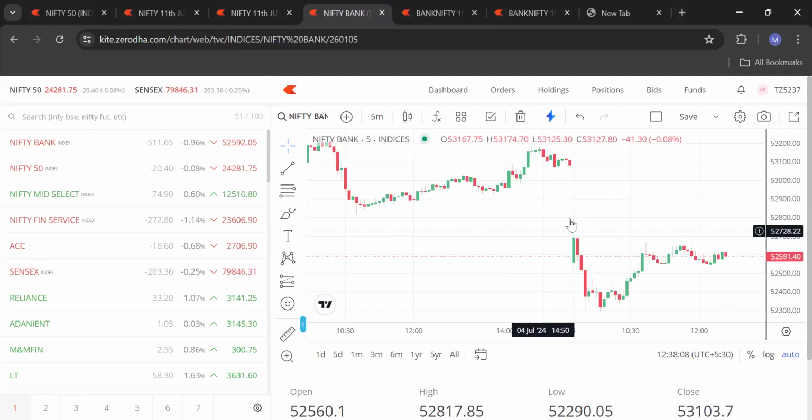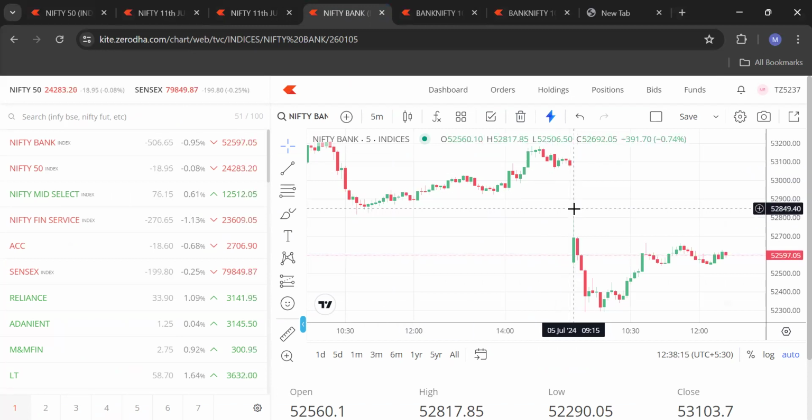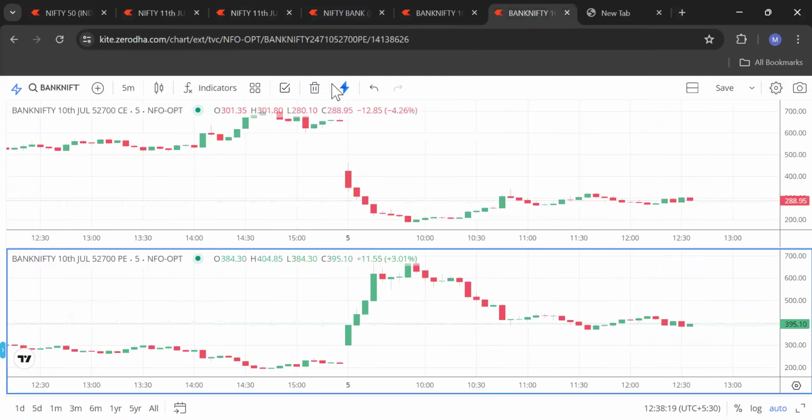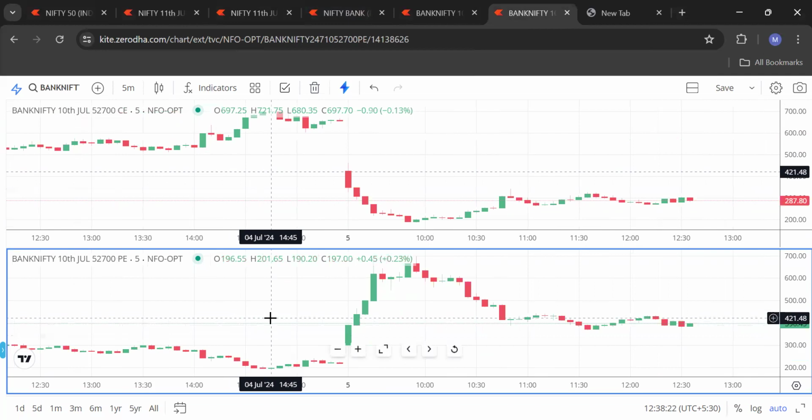Now let us see on Nifty. Okay, Nifty first, sorry, Bank Nifty. Nifty Bank, first candle closes at 52,692. So we shall consider the 52,700 call and 52,700 put.